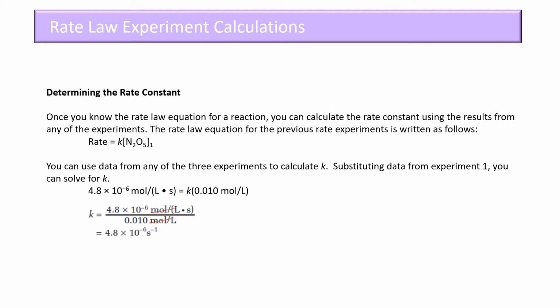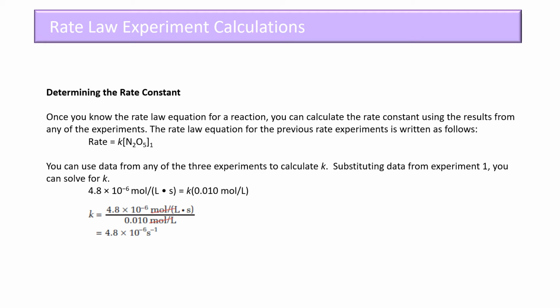So we know that 4.8 times 10 to the negative 6 mole divided by liter seconds equals k times 0.010 mole per liter.